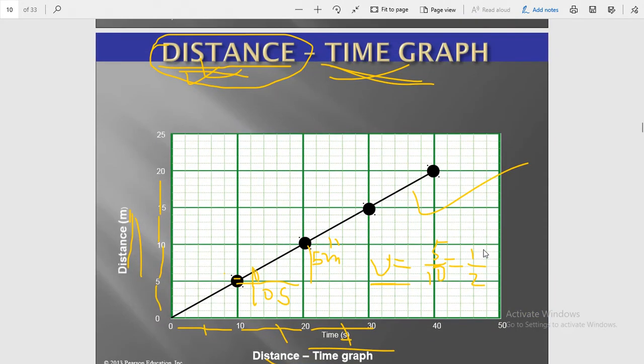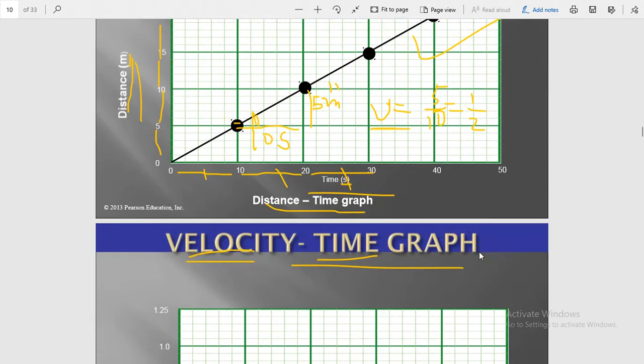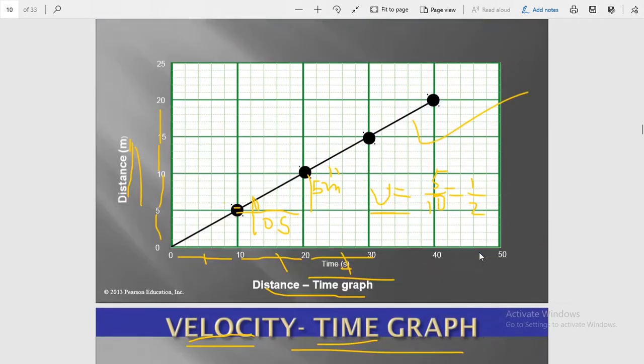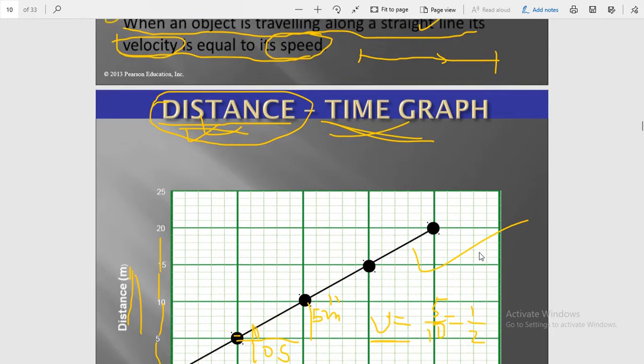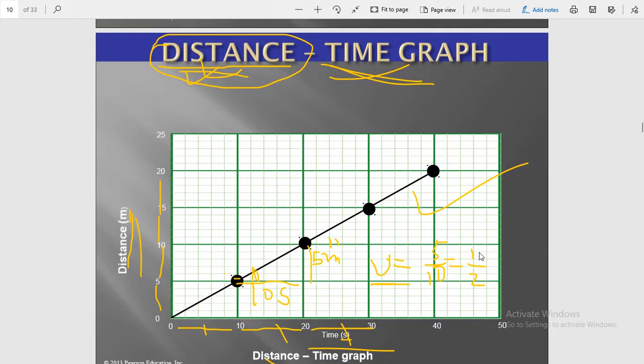You can draw different graphs for velocity time and distance and displacement time for different moving objects. Okay, and check yourself during motion, whether your motion is uniform or non-uniform.